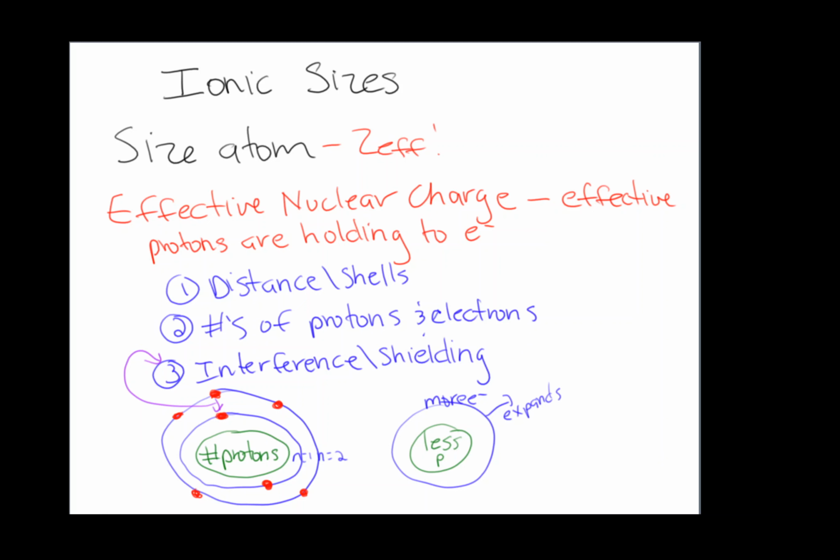Conversely, if there are more protons, let's do a different color, let's do orange, and there are fewer electrons out here, well, it's going to shrink because the protons have more effect. They're pulling in tighter.